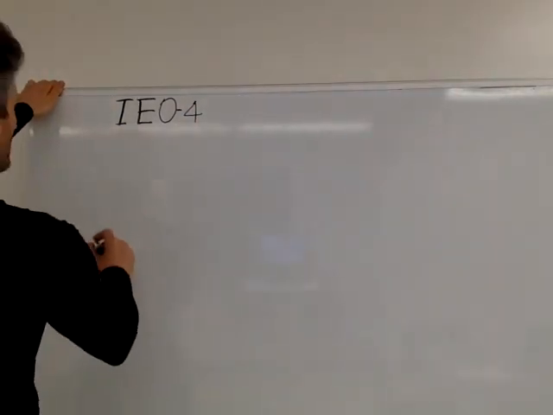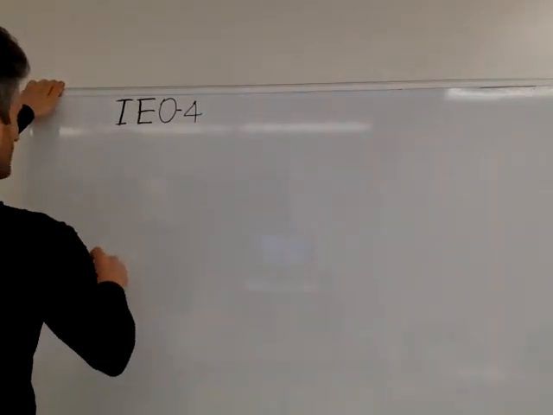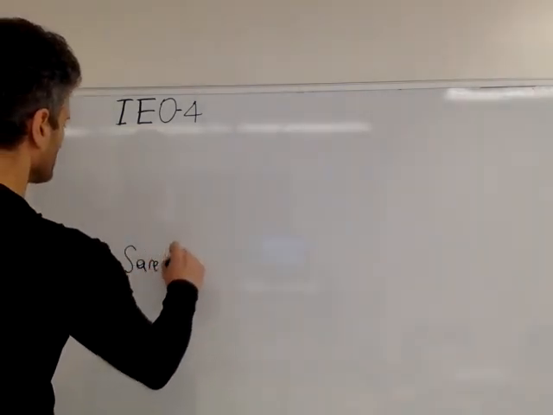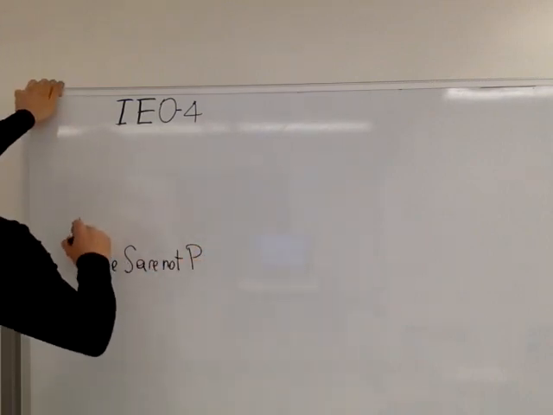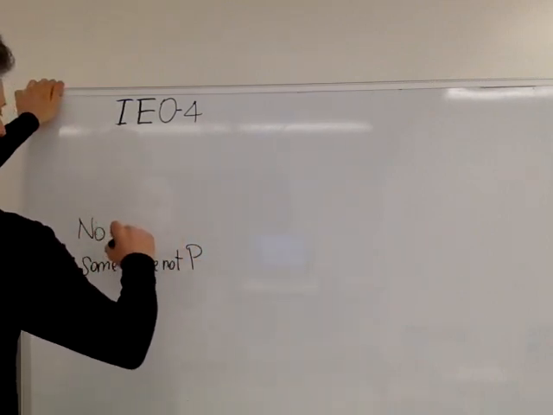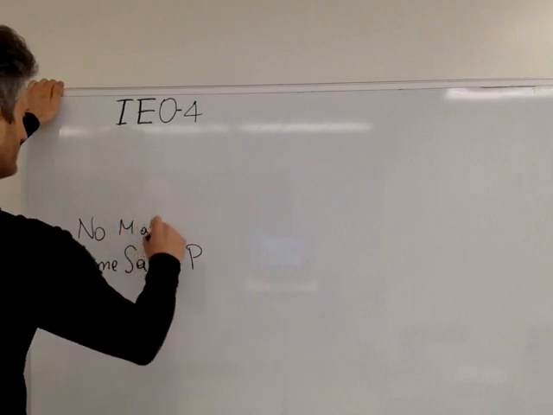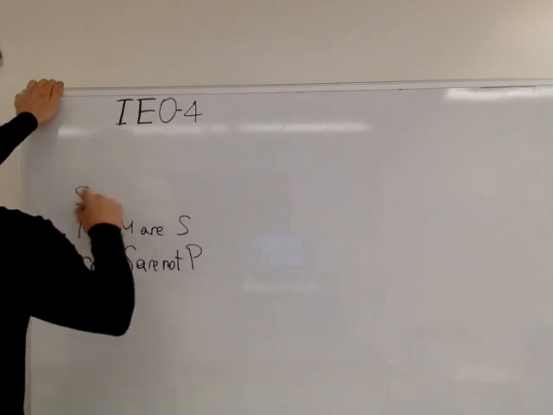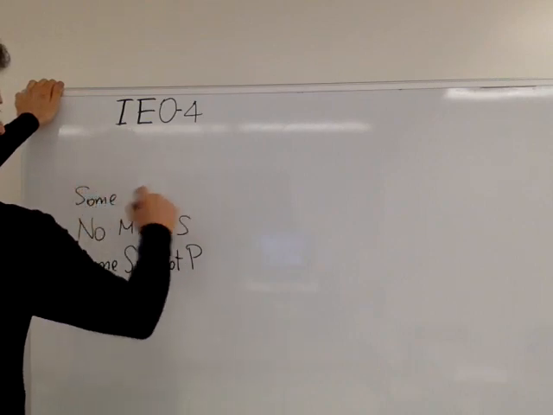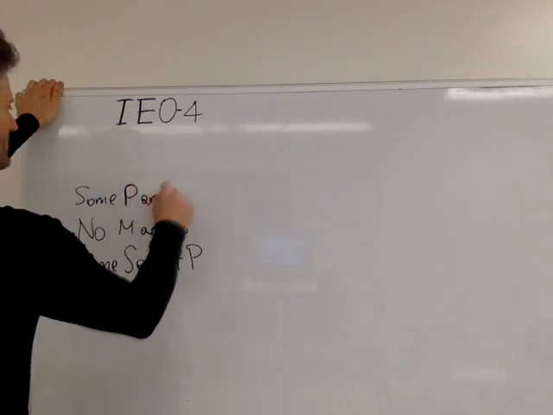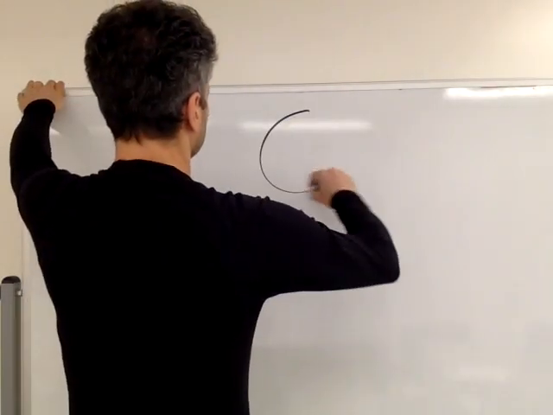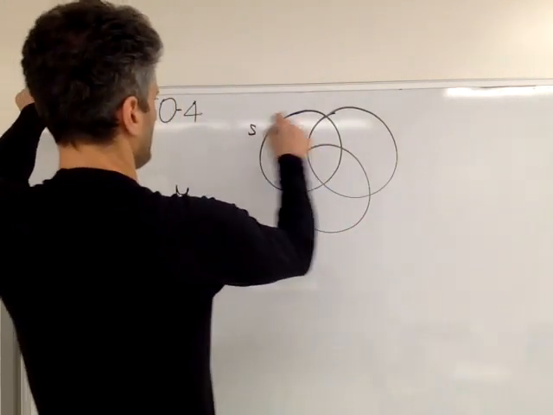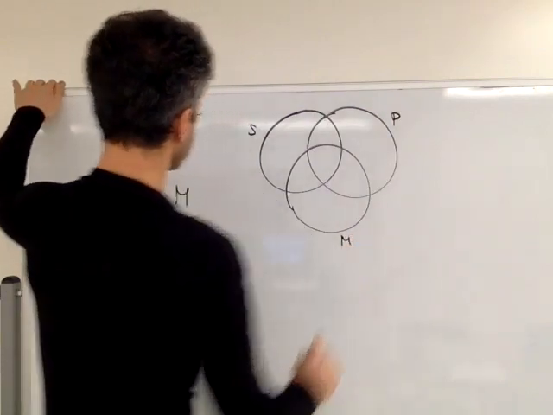So in figure 4, we have some S are not P, the conclusion, no M are S, and some P are M. S, P, and M. Okay.